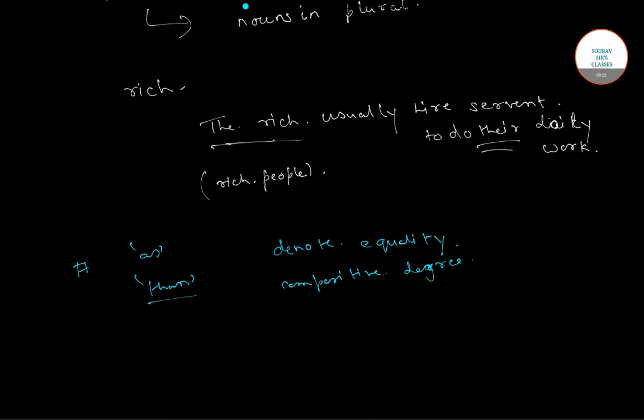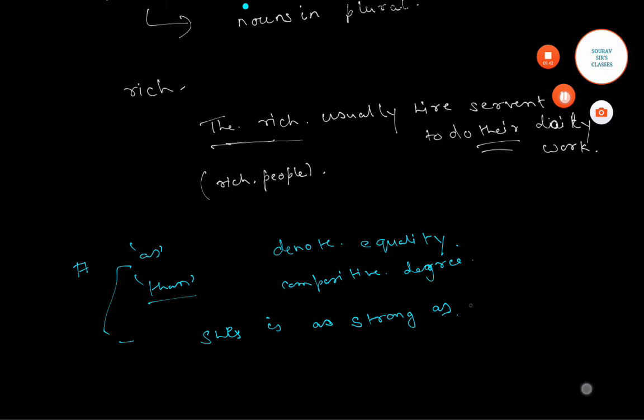So as is used as follows: she is as strong as me. Now, as we can see, this as is used both before and after the adjective strong.